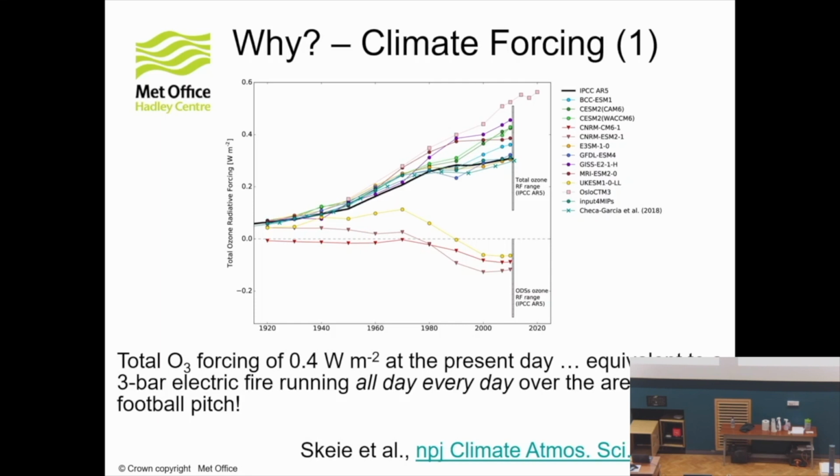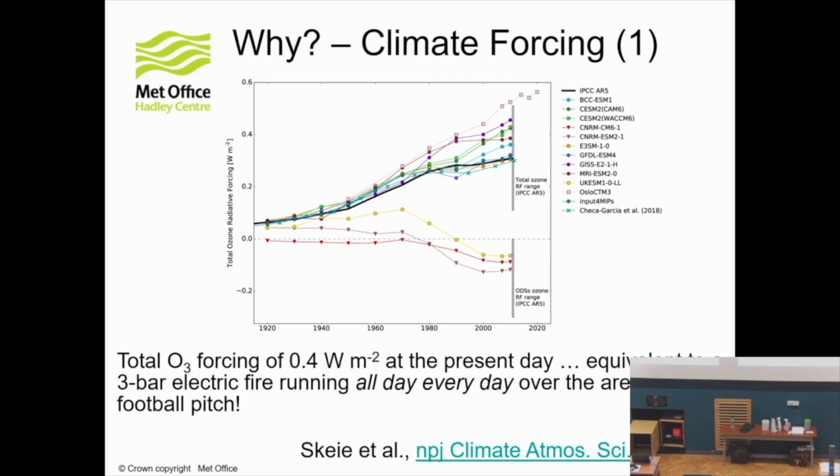So I tried to put this into context because 0.4 watts per square metre, what does that really mean? So I worked out that it's equivalent to a 3-bar electric fire running all day, every day, over the area of a football pitch.